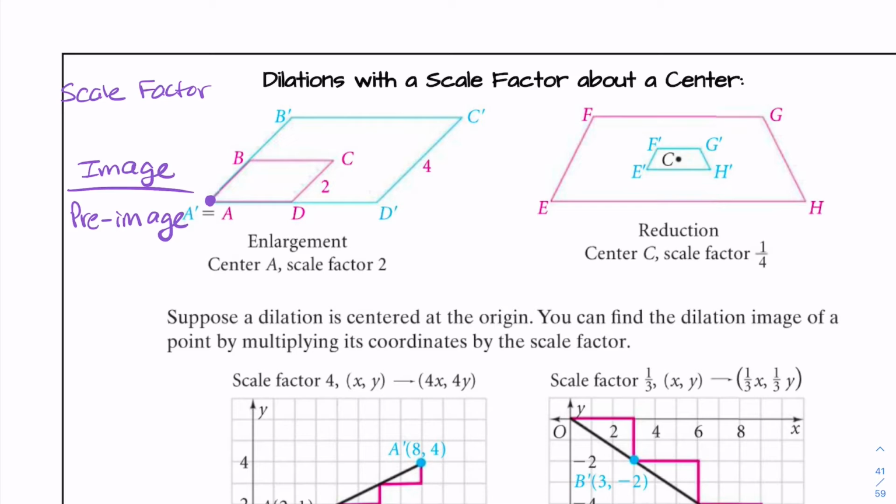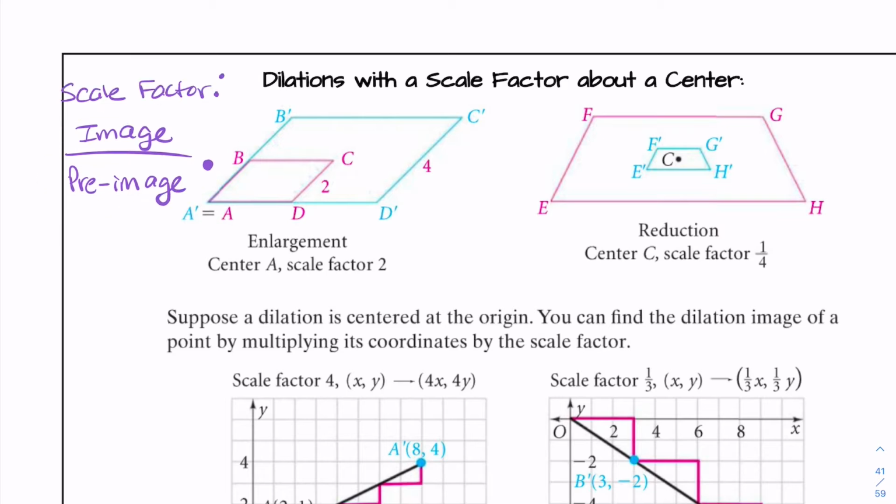The scale factor is found by doing that, your image over your pre-image. So we are going to do 4 divided by 2, which is 2. So this scale factor is 2. And it literally is because it doubled in size.